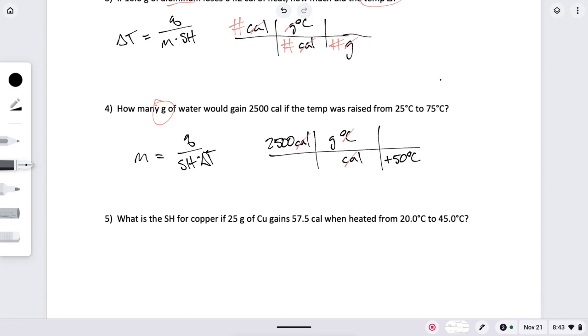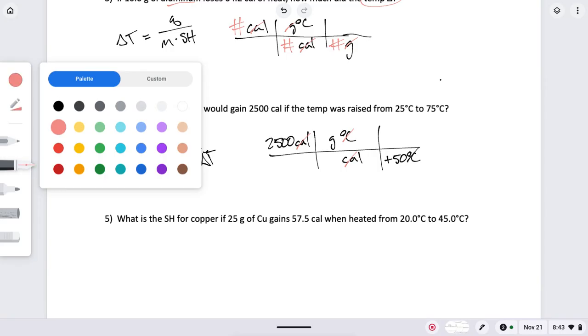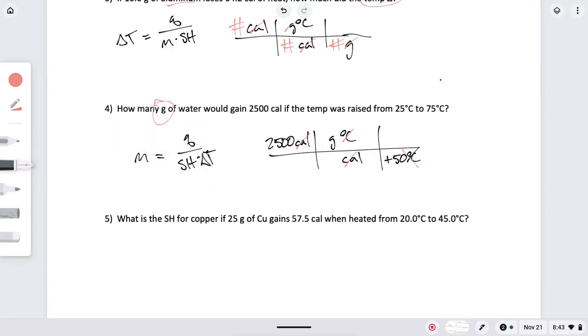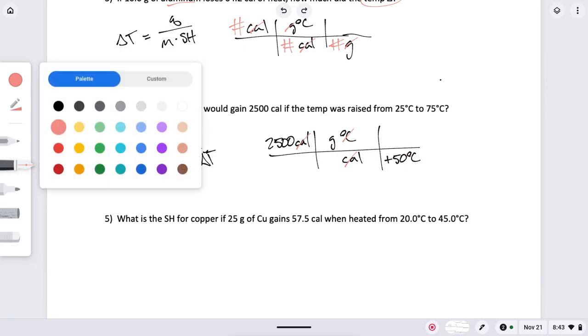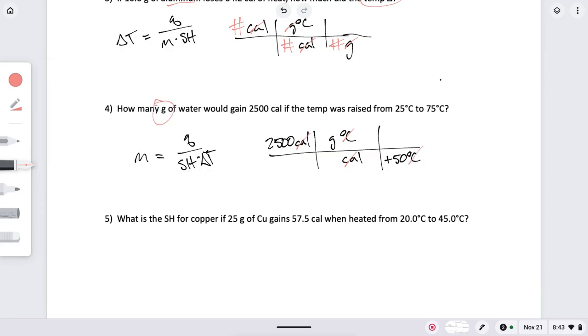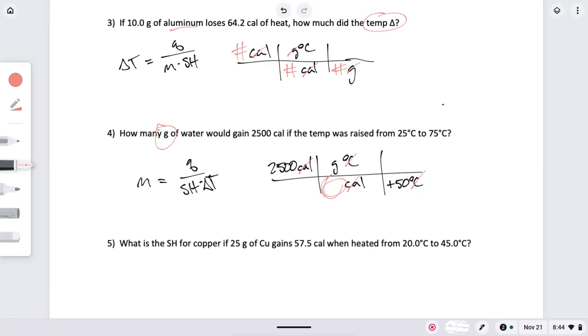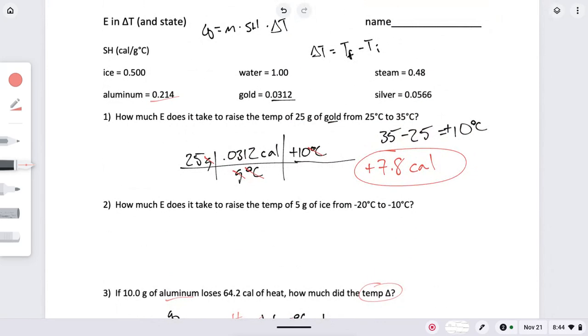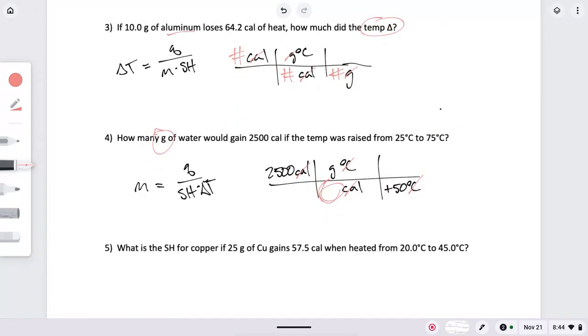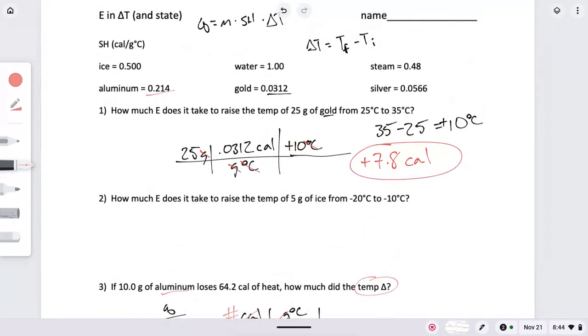And again, the appropriate specific heat needs to be used here. So get rid of that degree Celsius. I need an appropriate value right here. So I'd have to look up above, and this is water we're talking about, and it's liquid water because it's 25 to 75.